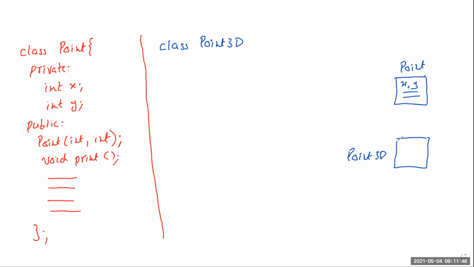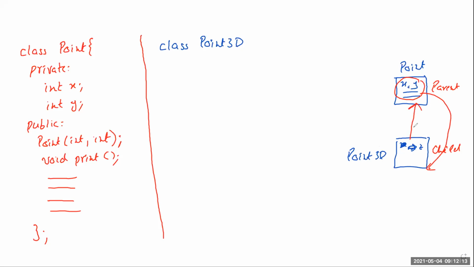What do we want in this class? x, y, and z. But since x and y are already present here, instead of writing them here, I can exploit the concept of inheritance. I can say that this Point is the parent, and I can make this a child class. So everything which is here, I will inherit it. It will become a part of my child class.